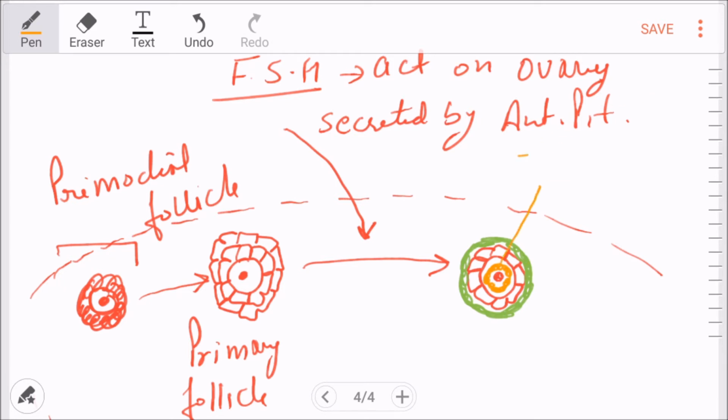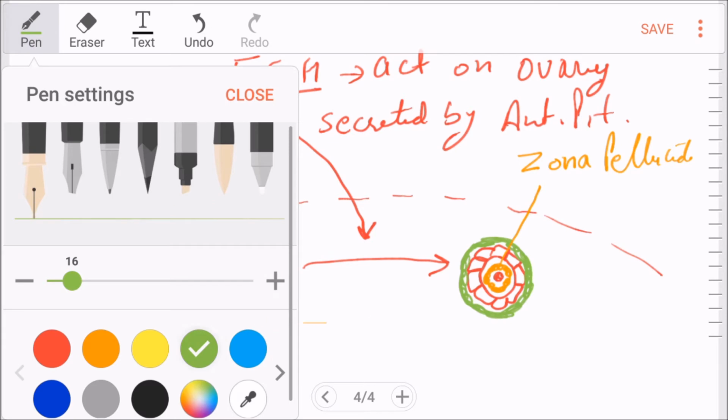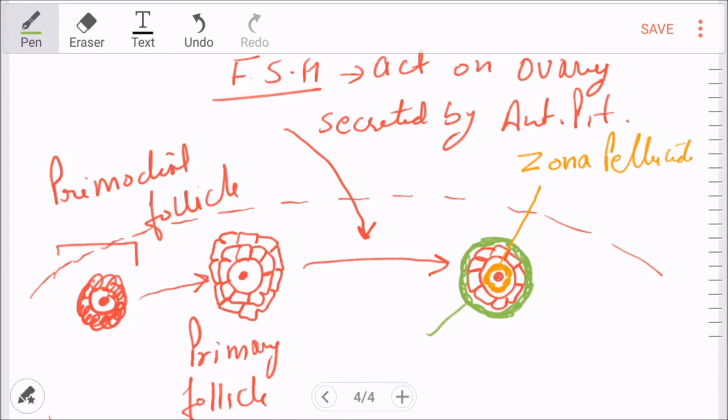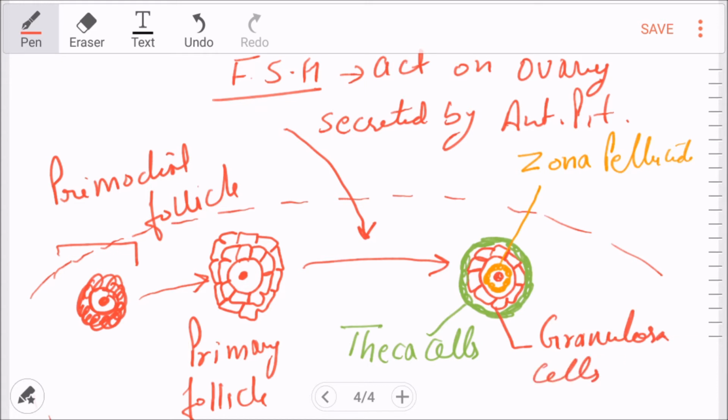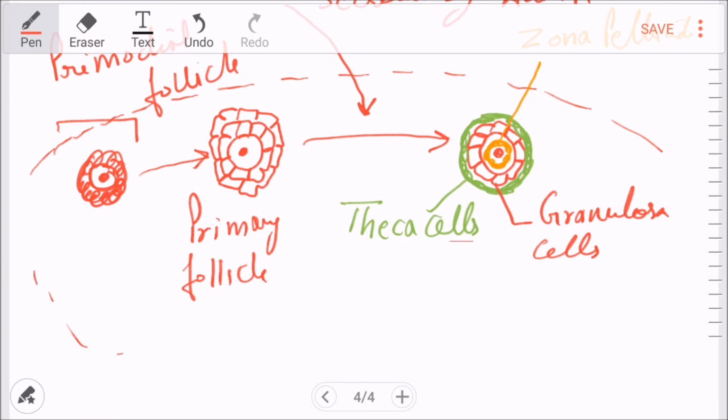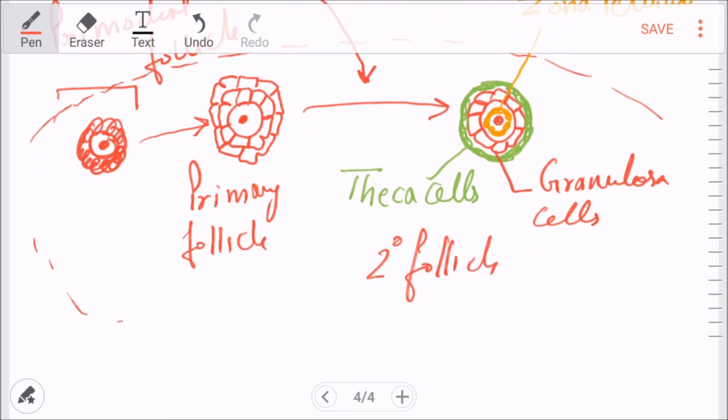Orange one is zona pellucida, green one is theca cells layer, and this is granulosa cells. So this is secondary follicles. Going further, I should explain the functions of the layers.